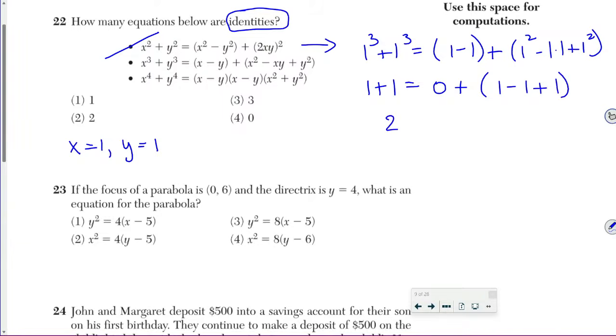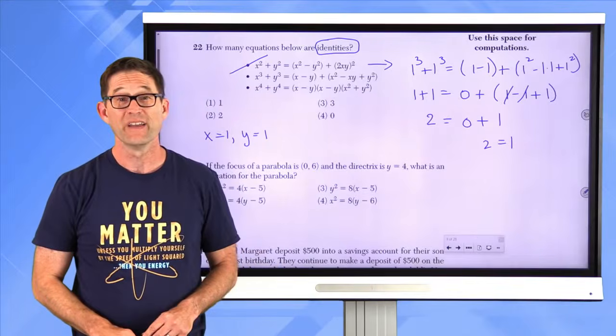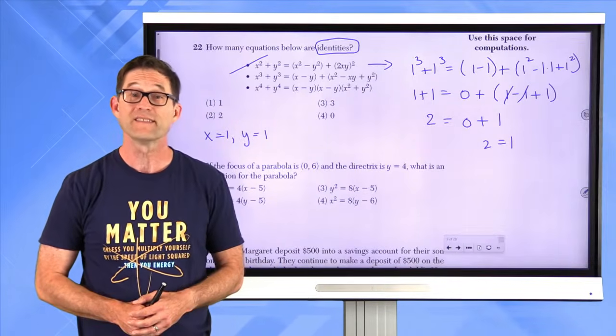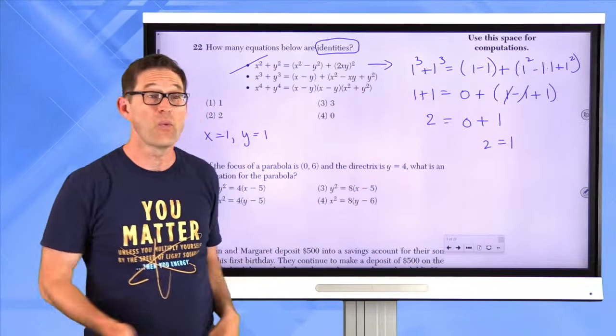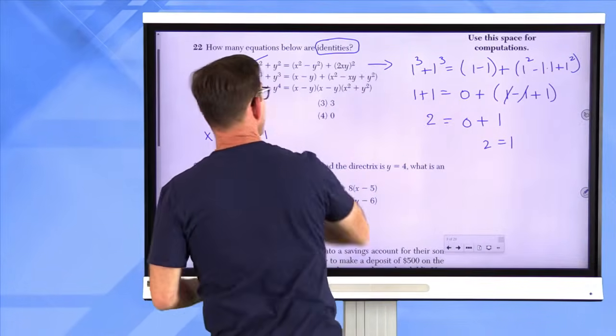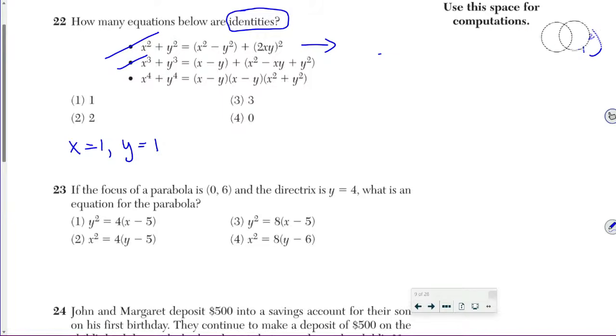So I get 2 is equal to 0 plus 1, 2 is equal to 1. No, 2 is not equal to 1. So the second one is not an identity. All right, let's try the third one. We're very quickly realizing the answer is not 2 or 3.